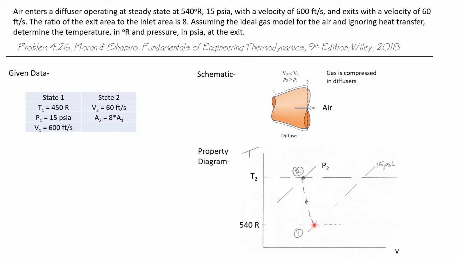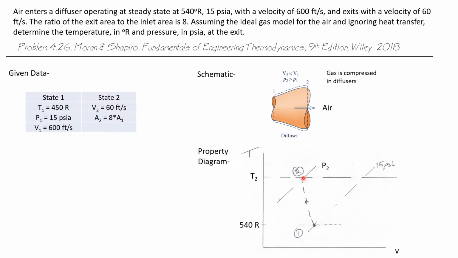Now where is state 2? Well, we don't know the temperature or pressure of state 2, but I do know that the pressure at state 2 will be greater than the pressure at state 1. So P2 I'm drawing here as a greater pressure than the 15 psi pressure.